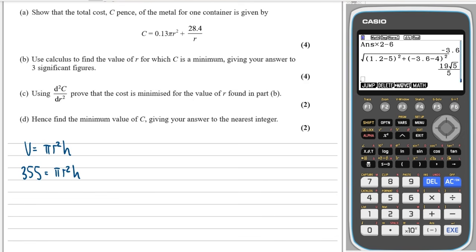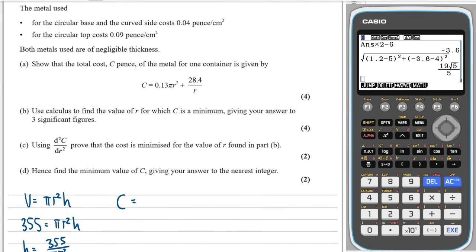So therefore we could get an expression for the height of the cylinder by dividing through by pi r squared. And that's useful because our overall formula is not going to involve height, so we want to eliminate that.